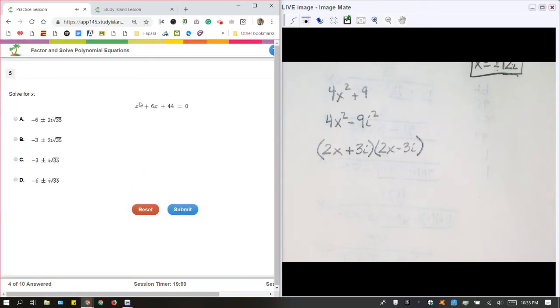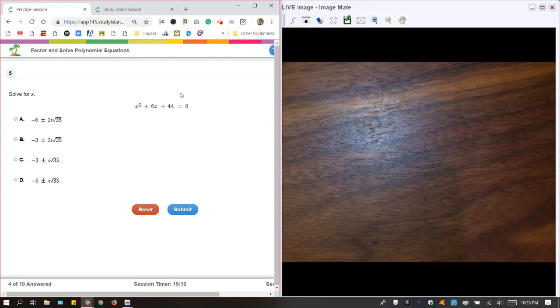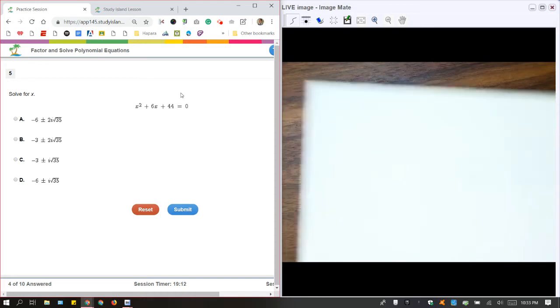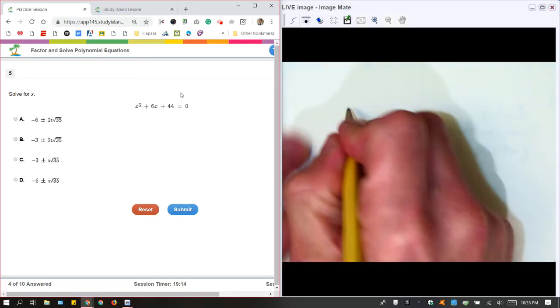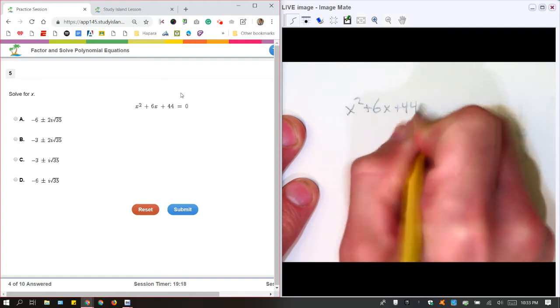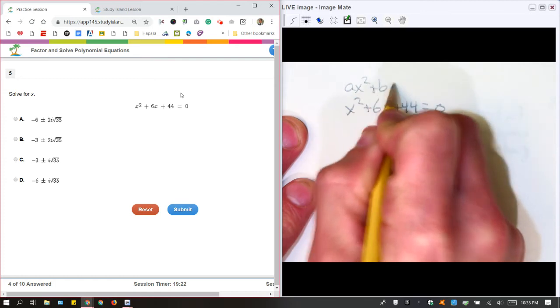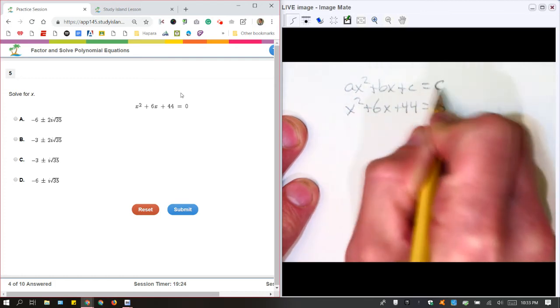Solve for x. This is just a straight up quadratic equation. We've got x squared plus 6x plus 44. So x squared plus 6x plus 44 is equal to 0. And again, this follows our format of ax squared plus bx plus c equals 0.